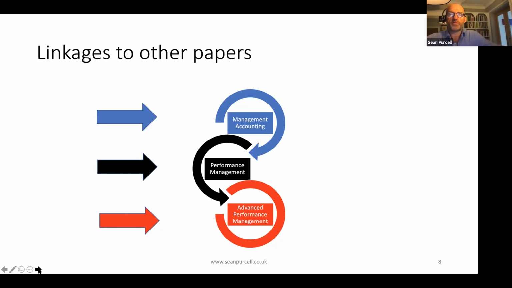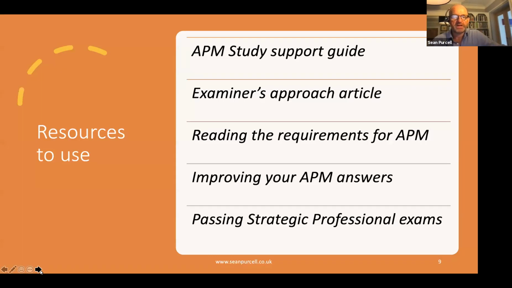Okay, so that's just, as I'm sure you know, building up to where we're going to go. In terms of what resources would I be expecting you to use? If you're using materials, you must be using official ACCA approved material. At present, the published books are only produced by BPP and Kaplan, and you're wasting your time if you're using anything else.